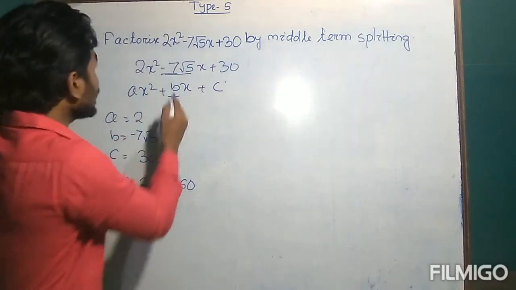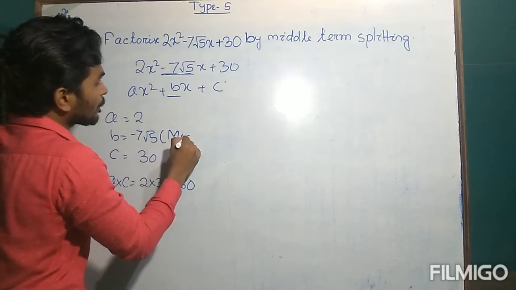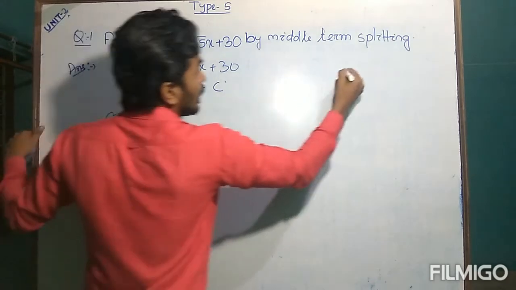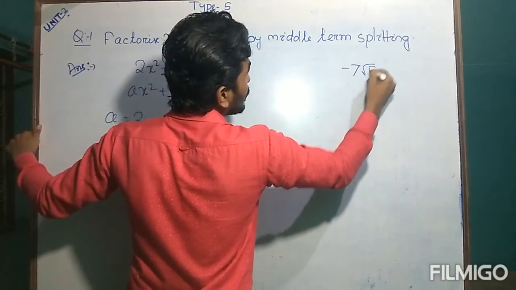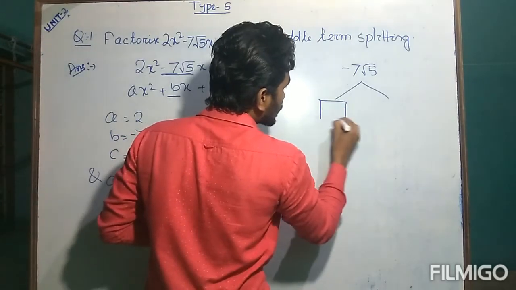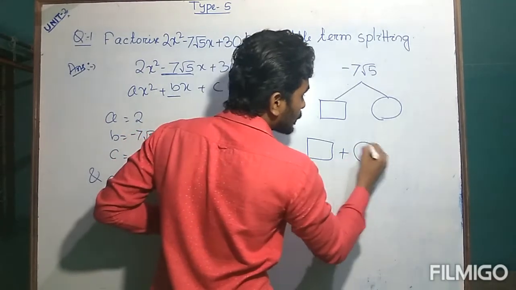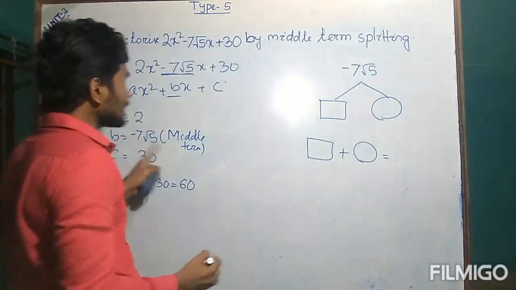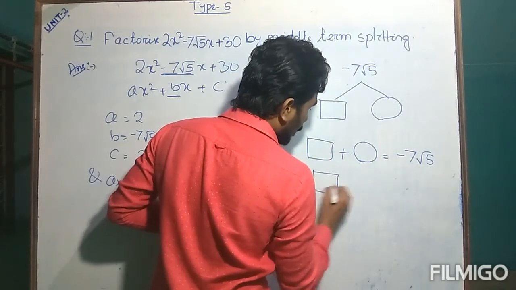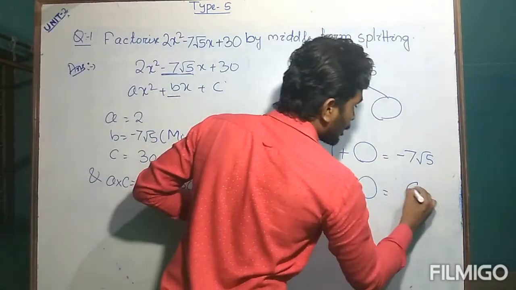Okay, so here minus 7 root 5, or you can say b, is the middle term, and we have to split this middle term minus 7 root 5 into 2 terms, so that they will add to give minus 7 root 5, and they will multiply to give what? 60.